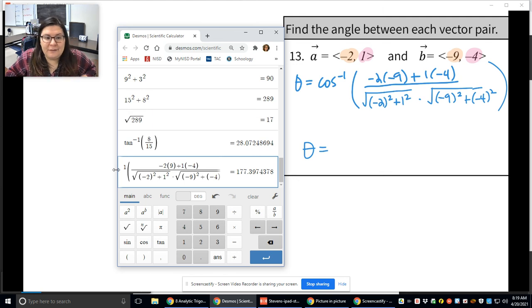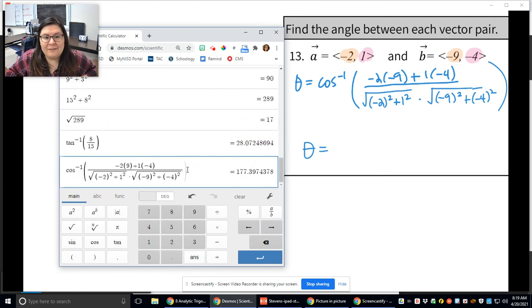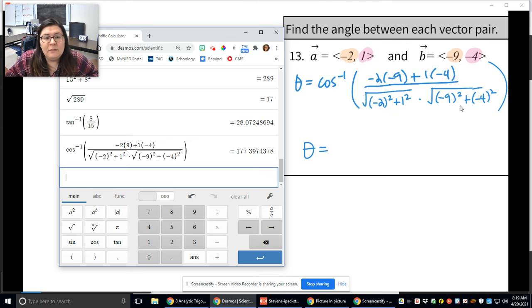All right, so you see what I did. I had to type pretty much very, very slow. I'm just going to double check that everything looks the way I wrote it. -2 plus. Yeah, I think that's it. So that's going to be our answer. Theta is going to be 177.4 degrees.